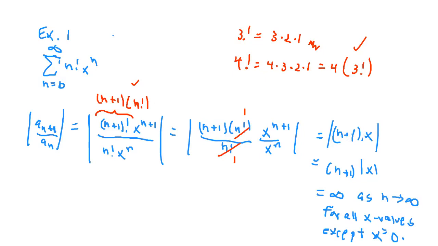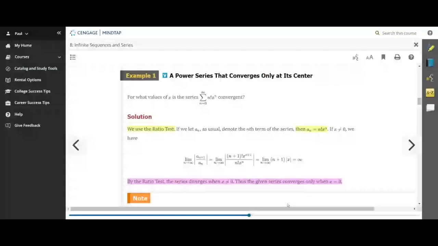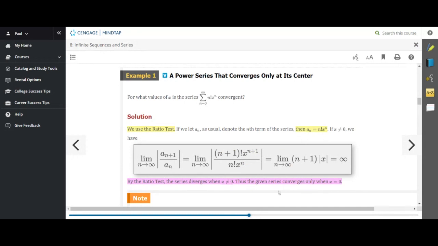So if we go back then to the first example from section 8.5, now it makes sense what they're saying here.